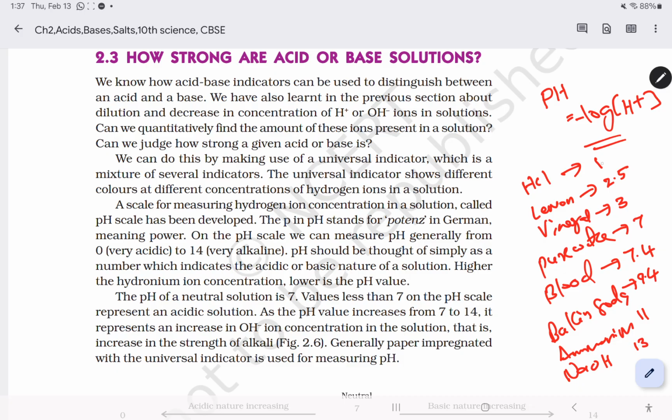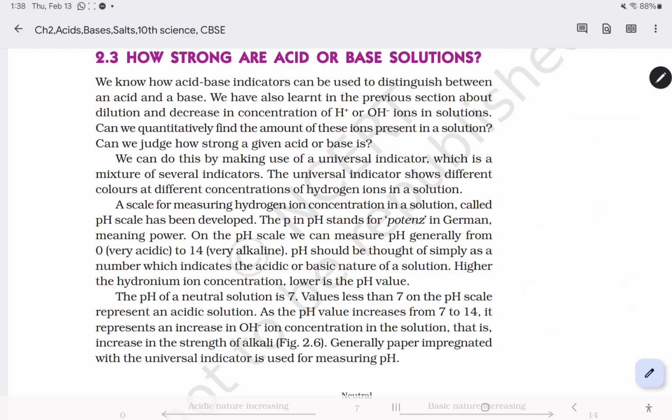If you observe, less than 7, all these are acidic in nature. Greater than 7, all these are basic in nature, and pure water is a neutral substance, neither acidic nor basic.